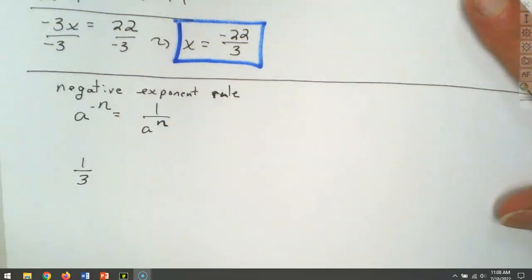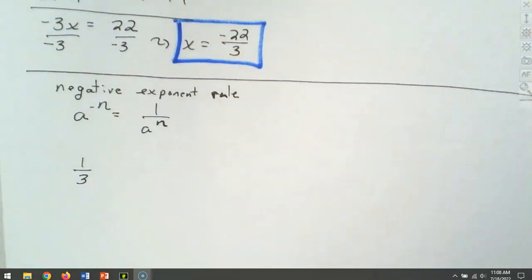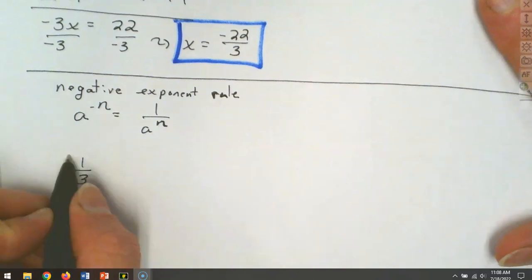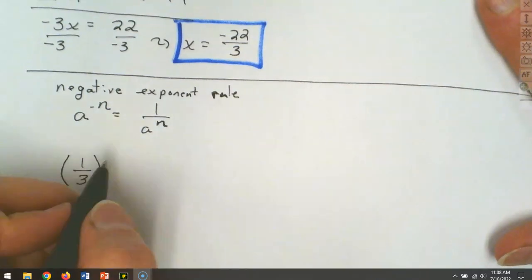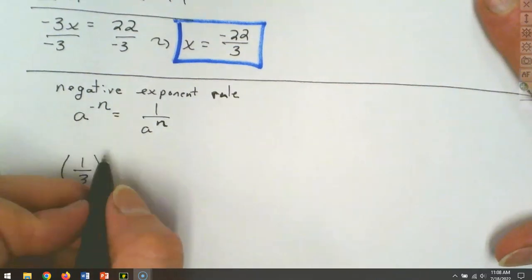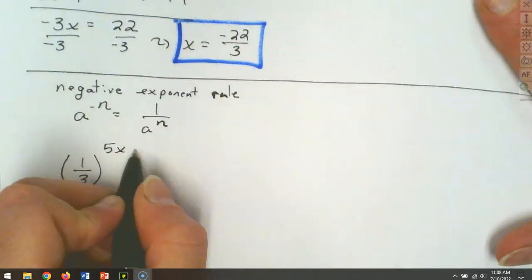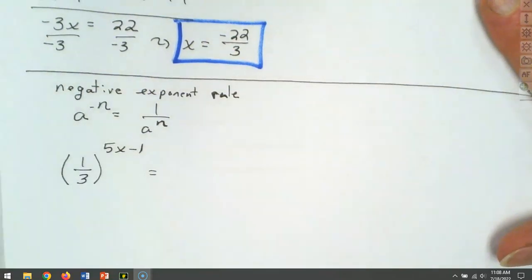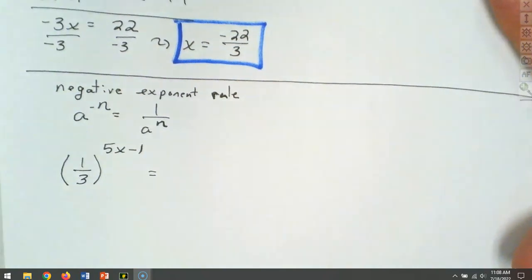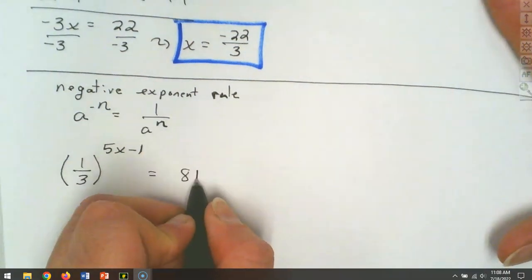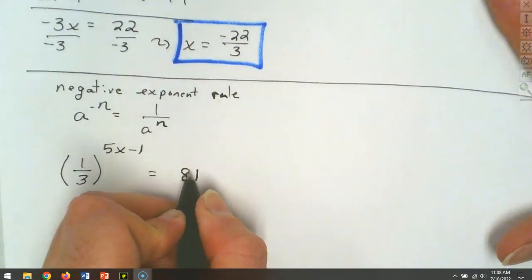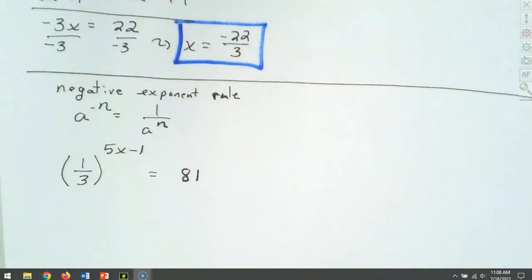So let's work with another pretty easy one to handle here. The first thing we're going to do is get rid of that fraction.